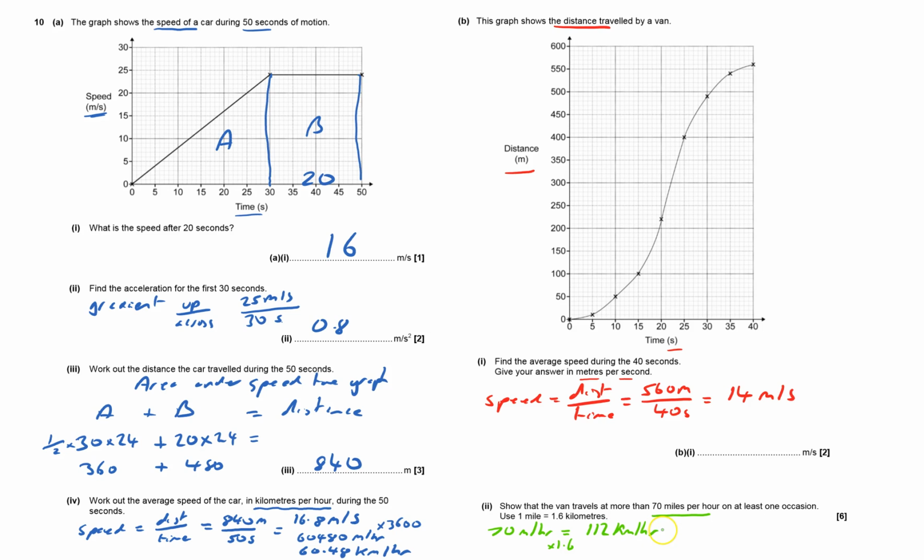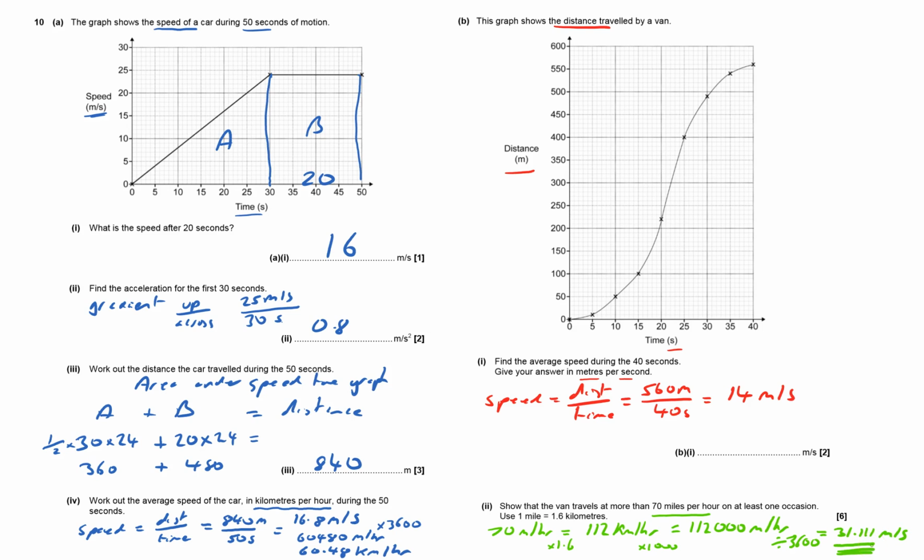And I now want to change this into per second, so I'm going to times it by 1,000, and that equals 112,000 meters per hour. And it'll be a lot shorter in per second, so I divide by how many seconds are in an hour. That'll be 60 times 60, which is 3,600. So if I divide that by 3,600, that gives me 31.111 meters per second.